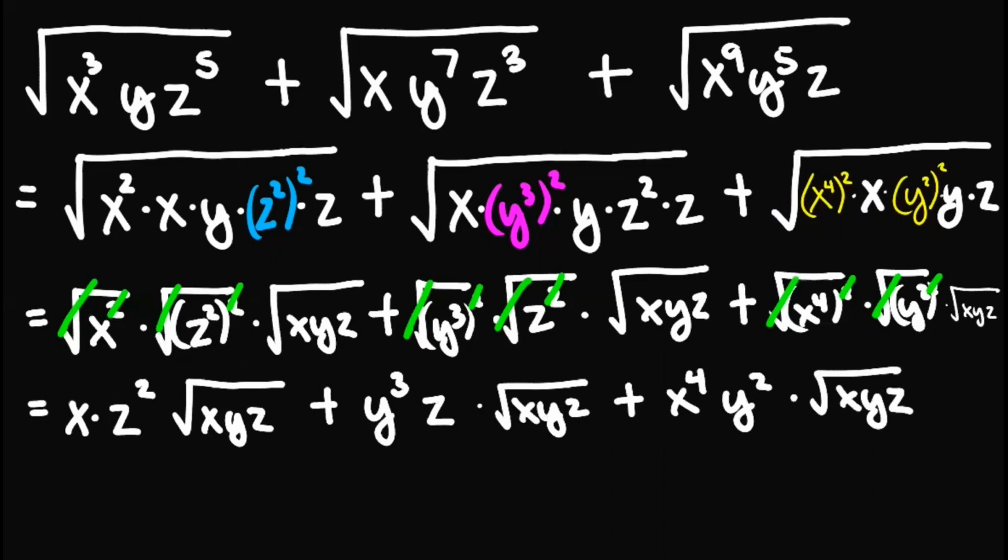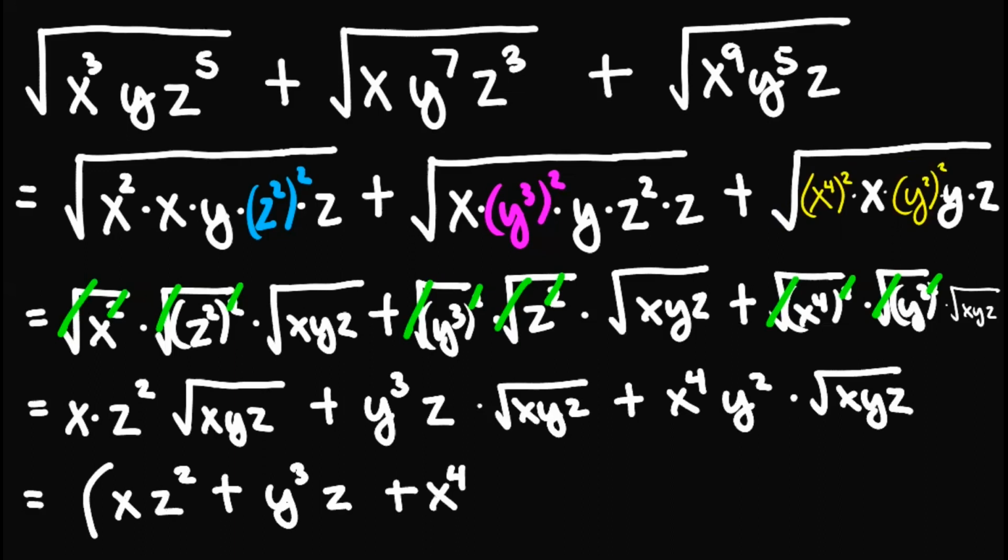And this one is actually the answer already, but we can also write this one as x z squared plus y cubed z plus x raised to 4 y squared times square root of xyz. How were we able to do that?